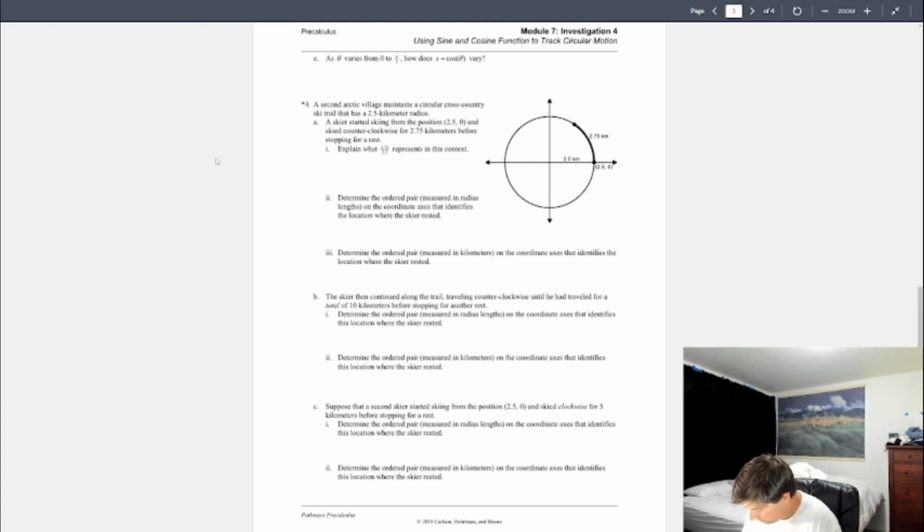Okay, determine the ordered pair measured in radius lengths on the coordinate axes that identifies the location where the skier rested.